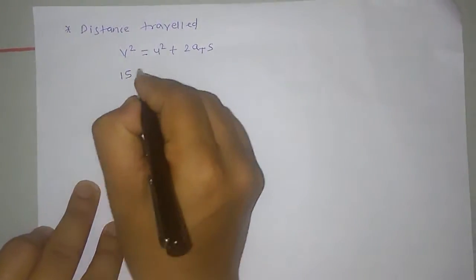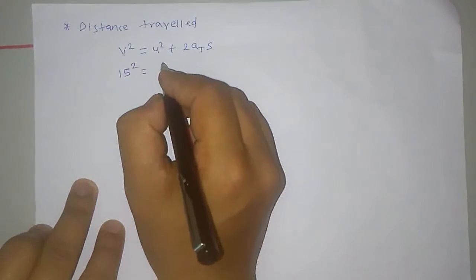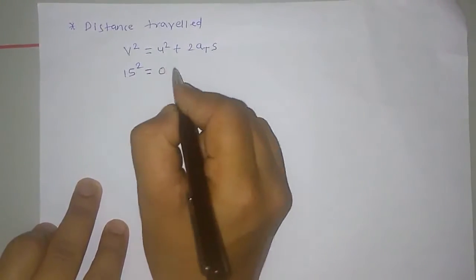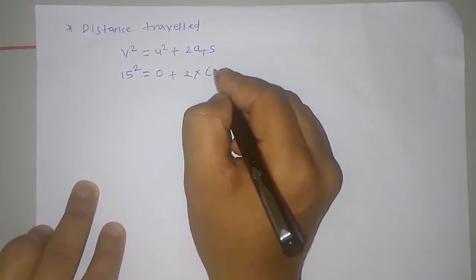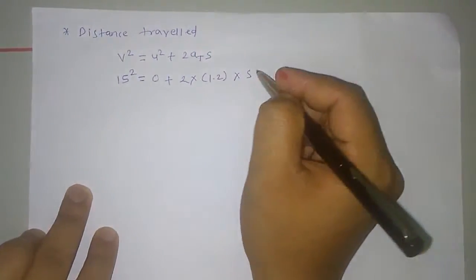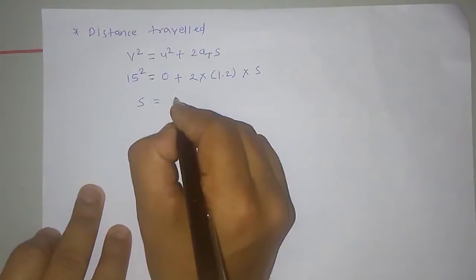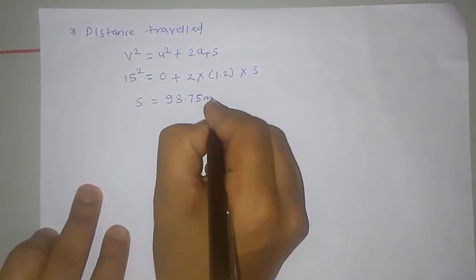So 15 square is equal to U square, the initial velocity is 0, plus 2 times tangential acceleration 1.2 into S. We need to find the total distance. By solving this, we will get S, which is equal to 93.75 meter.